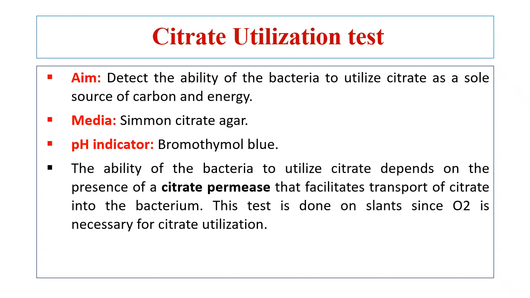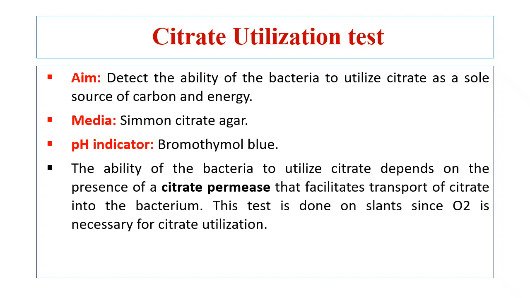The medium used is Simmons citrate agar, which contains bromothymol blue as a pH indicator. If bacteria can use citrate, alkaline products are formed and the media changes from green to blue color.